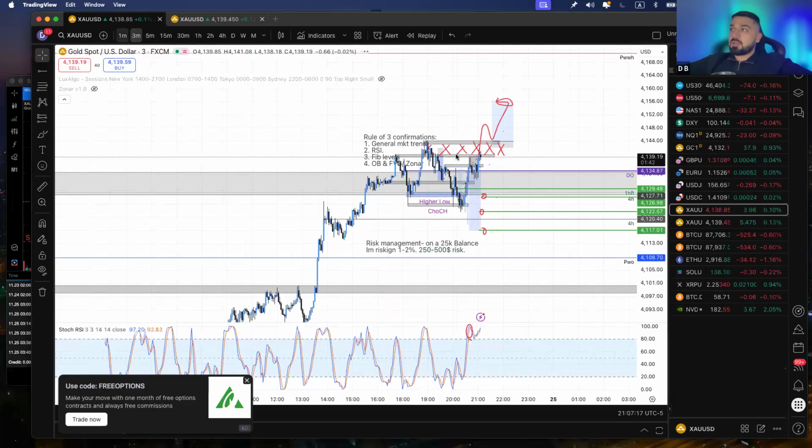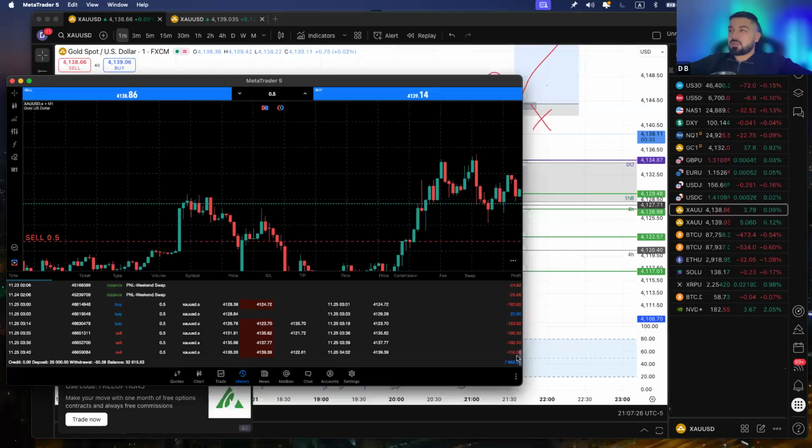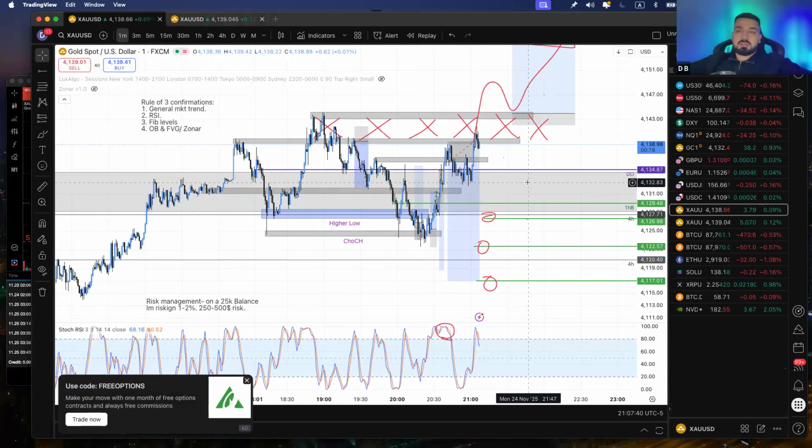So when I was looking to get into my shorts, I gave myself multiple opportunities, yes, indeed, but I did not lose more than $500 in total, right? 300 and then 150, $500 total lost, which is 2% of the account on the trade idea to go short based on the whole analysis that we did.